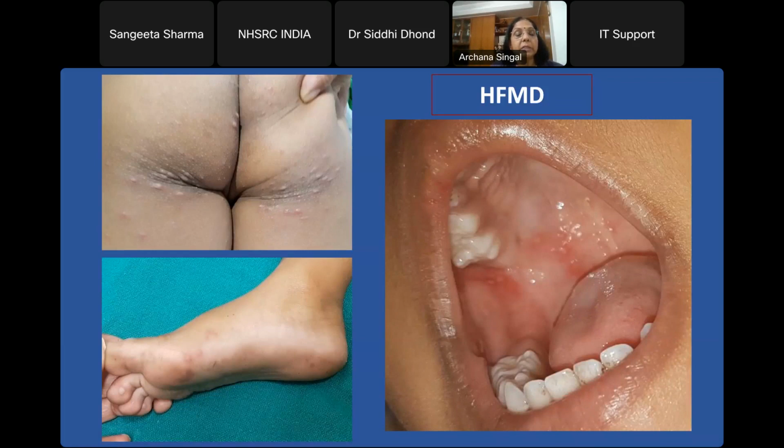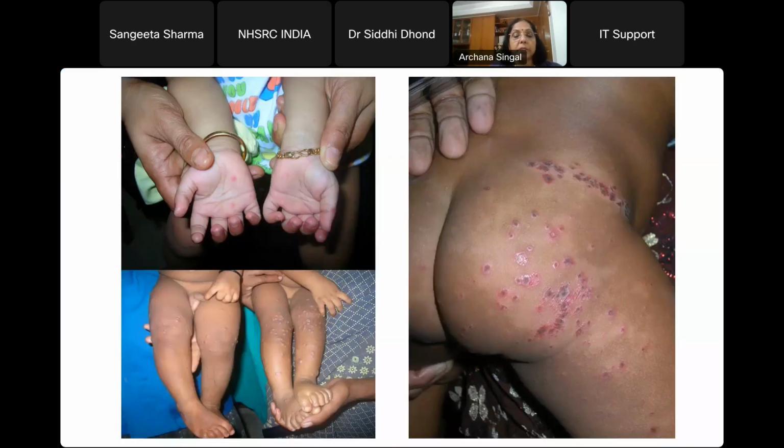On the buttocks, the patient may be febrile, and lesions on the palate. Okay. And these are very typical pictures. Next. And how do you make a diagnosis? Again, two siblings with lesions on the hand, foot, buttocks, and their oral cavity was also involved.